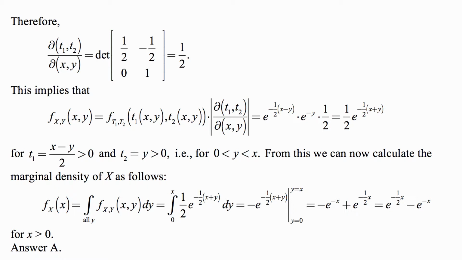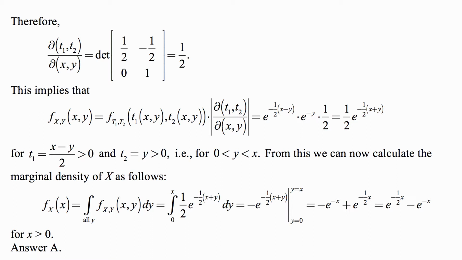And then T2 is equal to Y, so this evaluated at the T2 that corresponds to X and Y is just e to the minus Y. So this is really a way of writing this in terms of X and Y. T1 and T2 are both expressed in terms of X and Y, and times 1/2, which is the absolute value of that determinant. And that's overall equal to 1/2 e to the minus 1/2 (X plus Y).